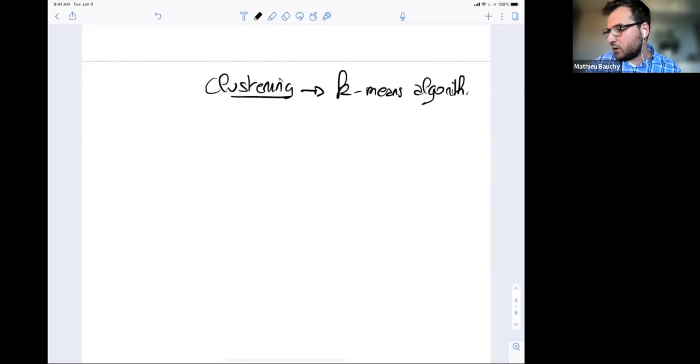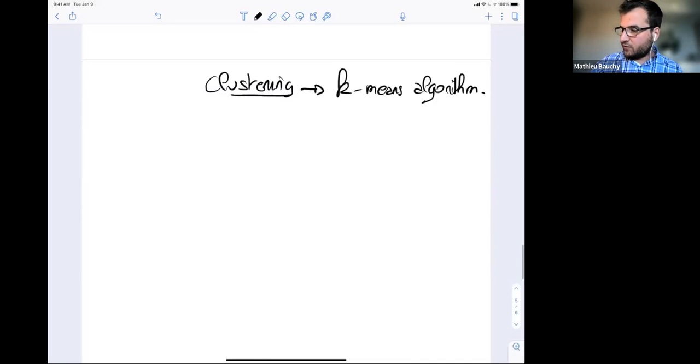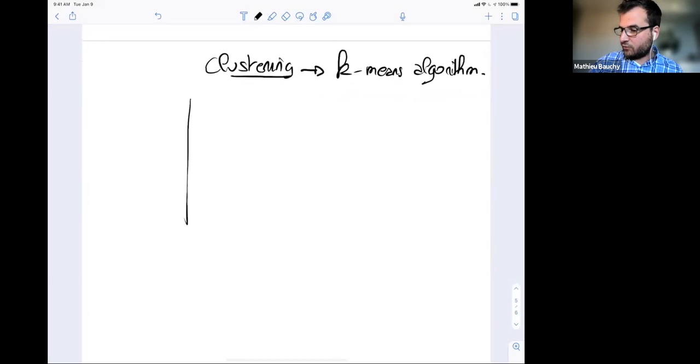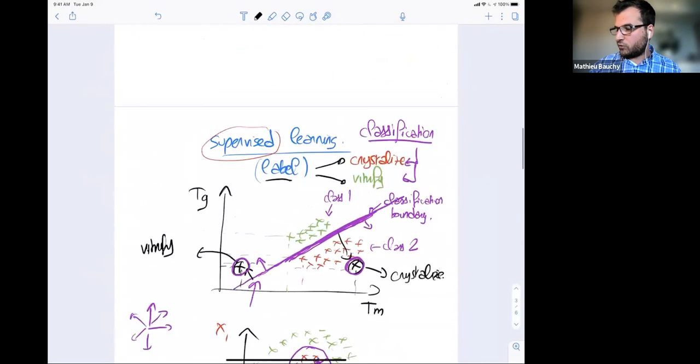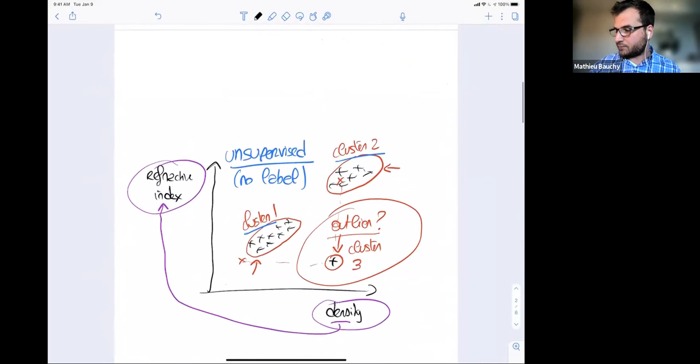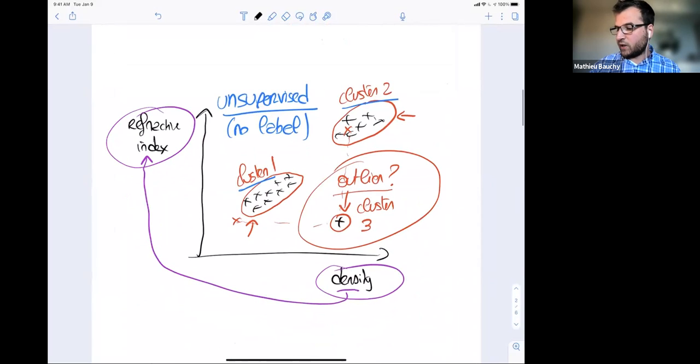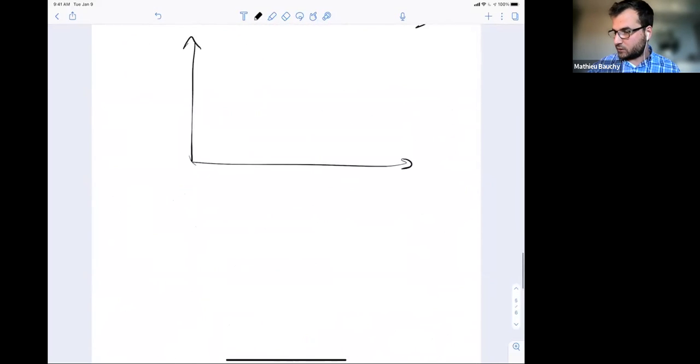The k-means algorithm is an algorithm that allows you to take some data and to group them into clusters. So let's come back to the example that we have. Let's assume that you have your glasses, and we're going to use the same example as we had. Let's assume that you know the refractive index and you know the density of those glasses.